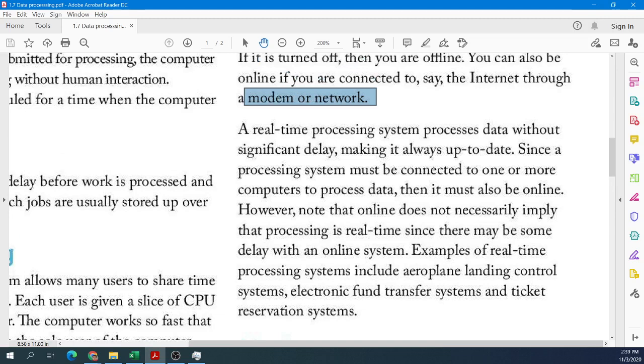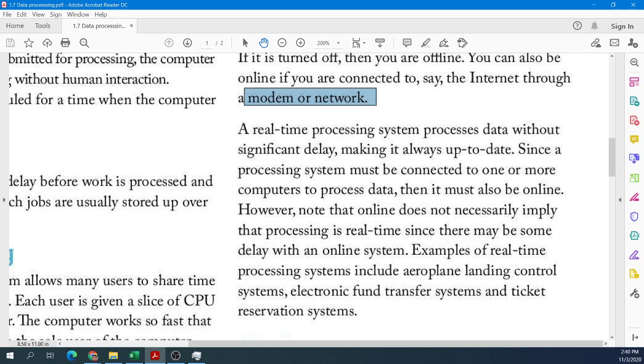Robert, can you read for us? Real-time processing system processes data without significant delay, making it almost up to date. Since a processing system must be connected to one or more computers to process data, then it must be online.